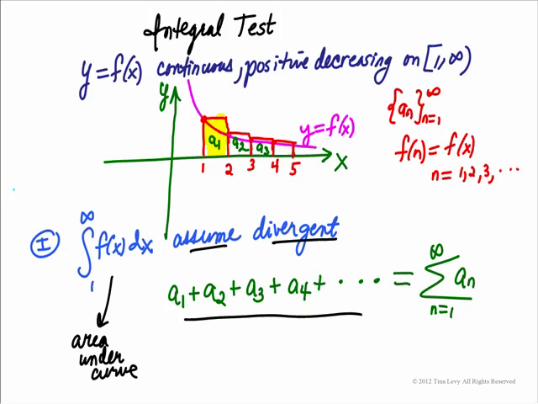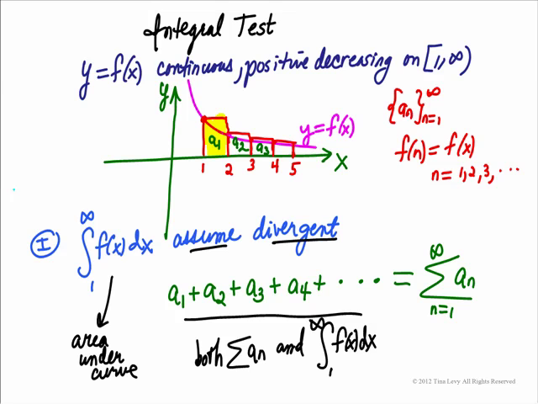Each of their areas, when you sum them up, will be larger than the area under the curve. So therefore we know that both the series a sub n and the integral from 1 to infinity of f of x dx both diverge.